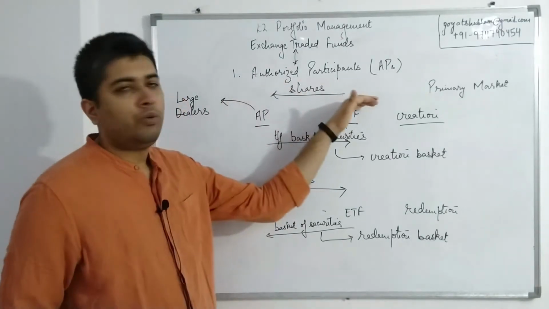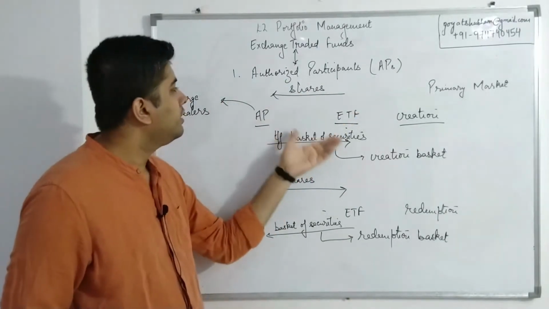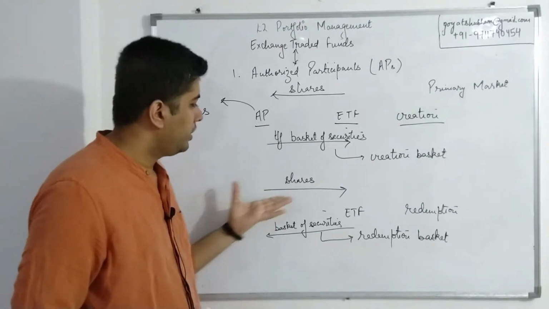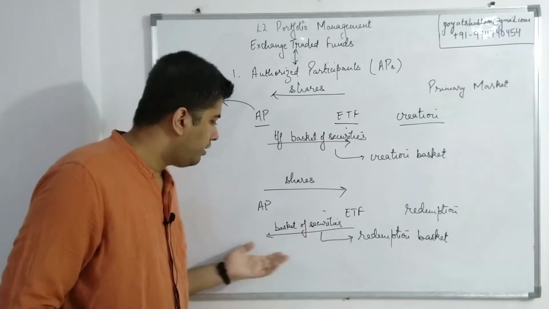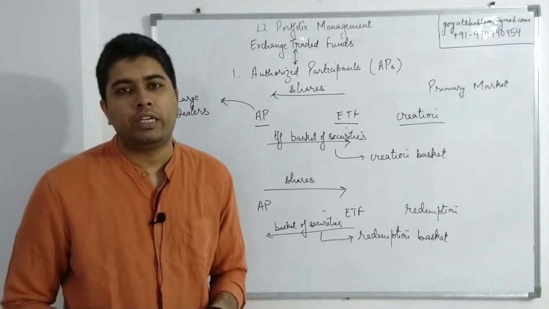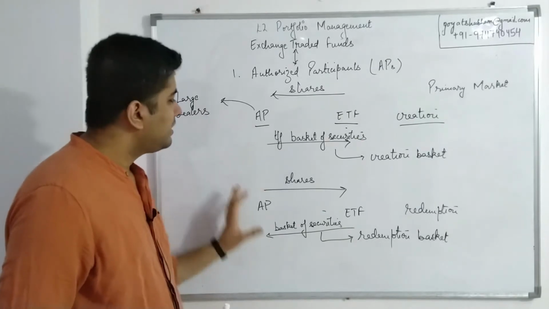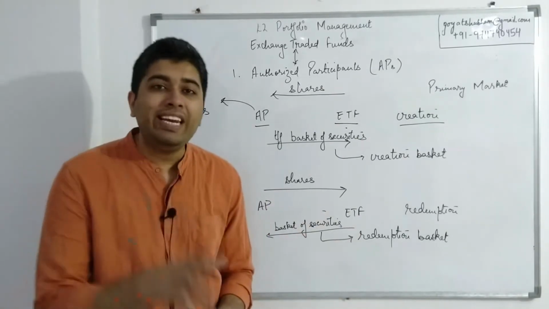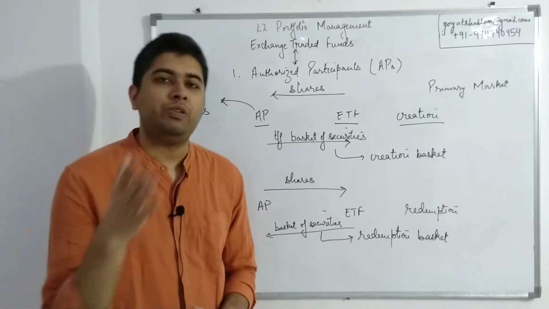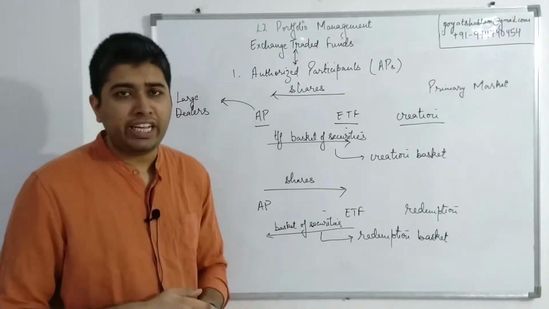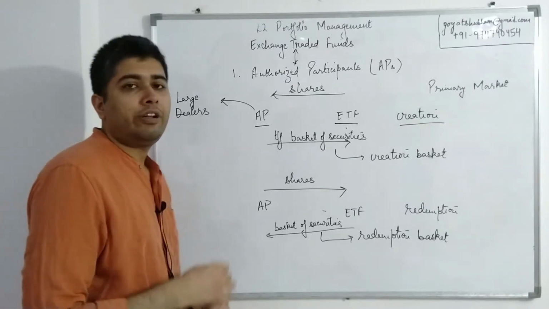One security is going and the other security is being received. In redemption also, shares are being transferred and a basket of securities is being returned. Now, this process of in-kind creation and redemption, which means no cash is involved in creation or redemption of shares of ETF, has certain benefits.